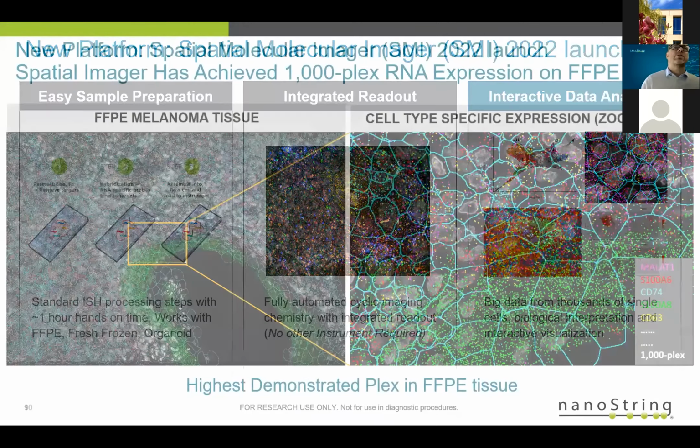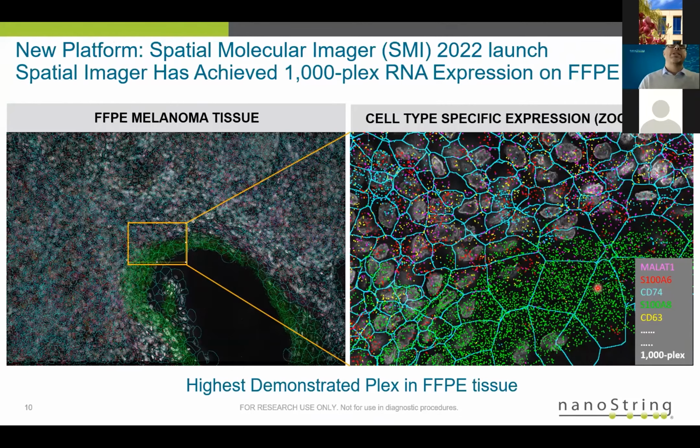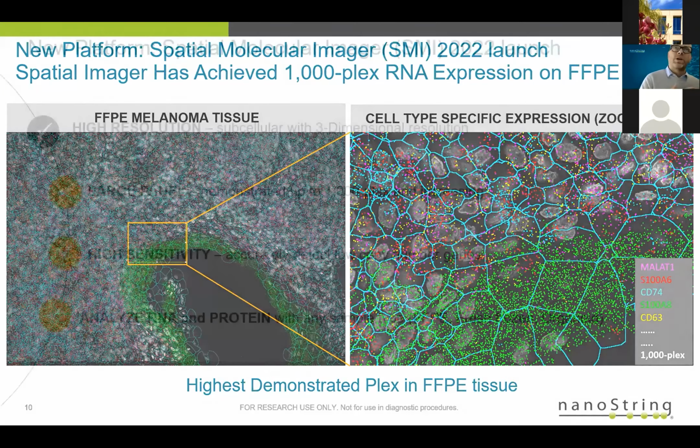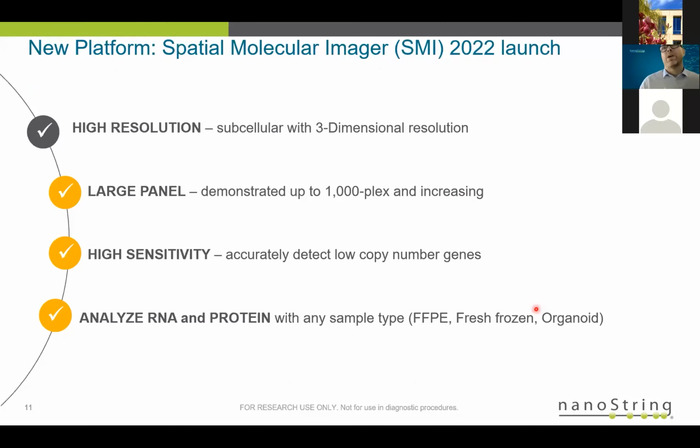And this is just a visualization of what it can do. Imagine this is just visualizing 5 out of the 1,000. FFPE, of course, we can do that, fresh frozen, just visualizing the locations of the different genes being expressed. And then we're going to be able to do it at high resolution, 2D and 3D as well. Like I mentioned, 1,000 plex, very high sensitivity, comparable to single molecule FISH we feel as well, with really low copy number sensitivities.